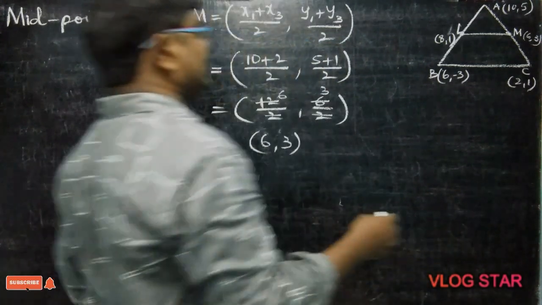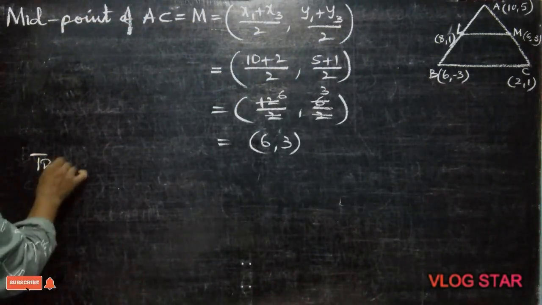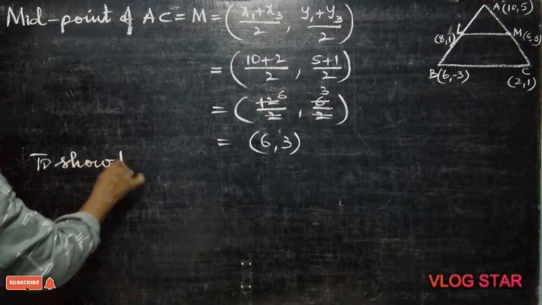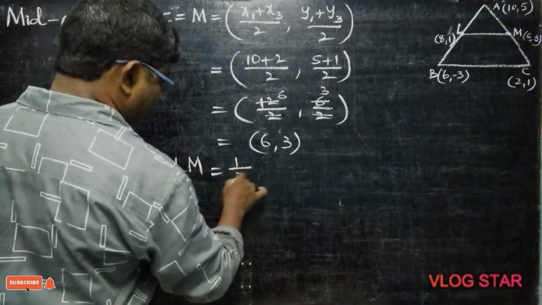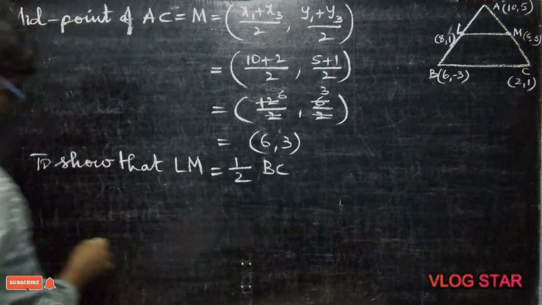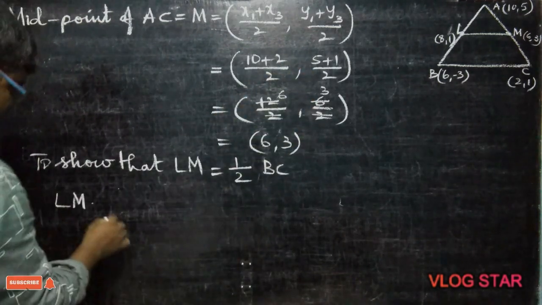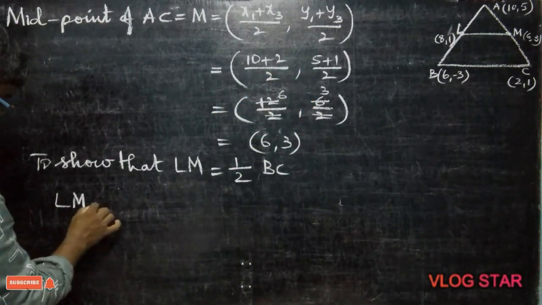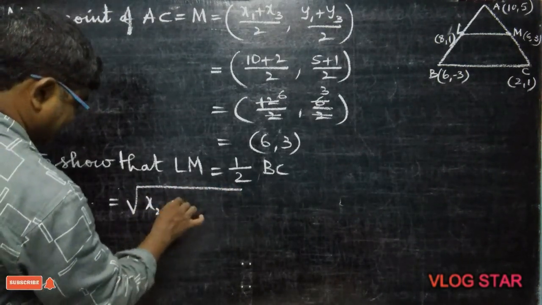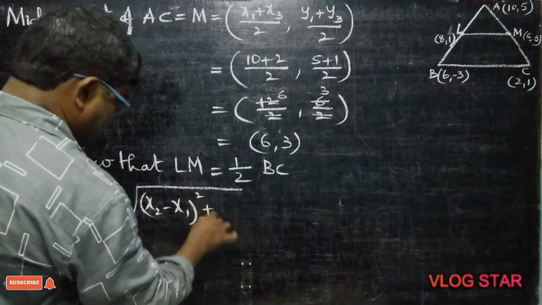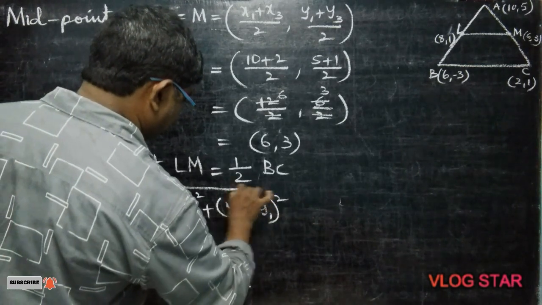So now they are asking to show that LM should be half of BC. What is LM? The distance between 2 points. We have learned the formula: square root of (x2 minus x1) whole square plus (y2 minus y1) whole square.